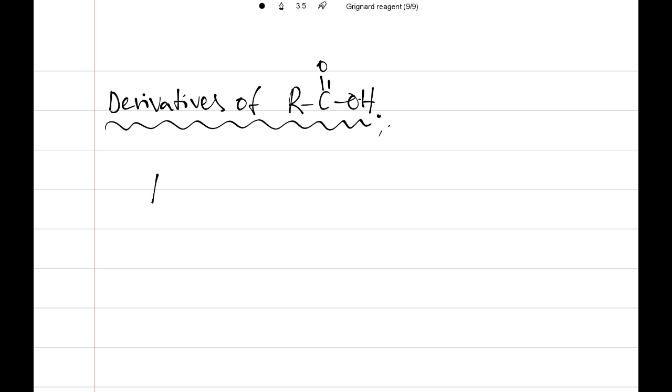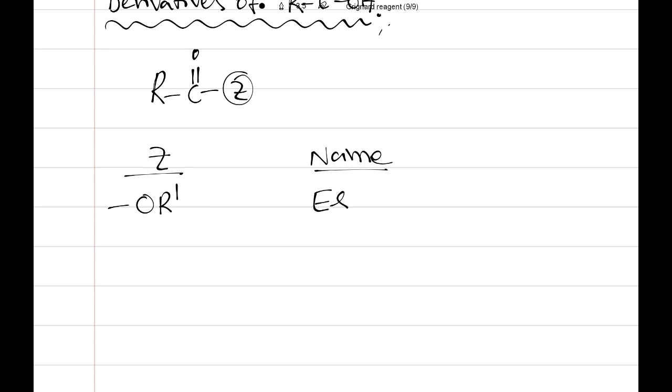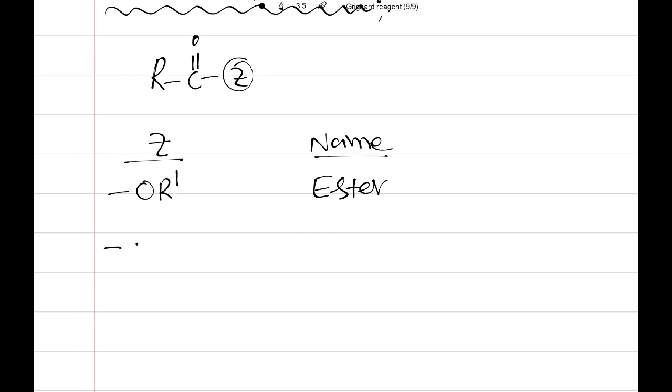So simply I am writing this one, R C double bond O, some Z group. If Z is an OR group, then we call it an ester. Next one, if Z is NH2, then we call it an amide.